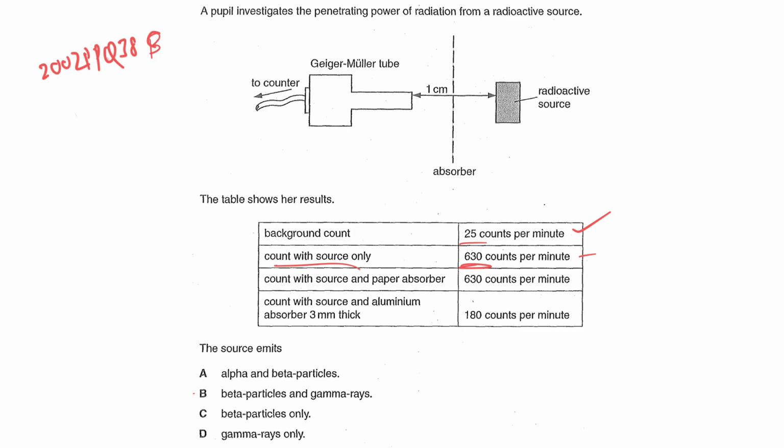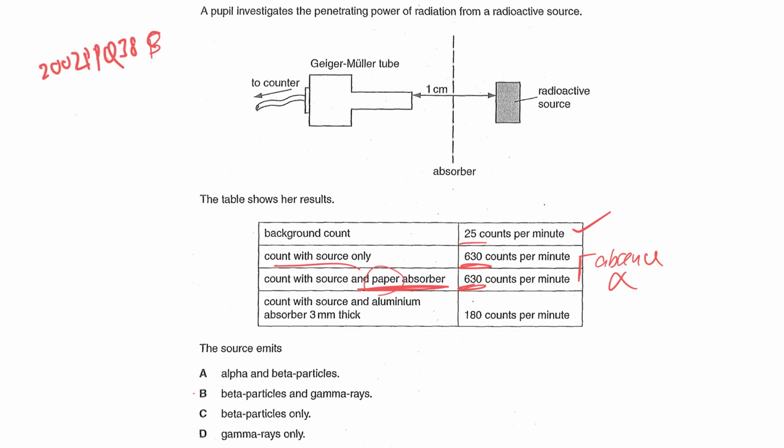And when you put a paper absorber in between the source and the detector, the count rate remains the same. Remember, alpha particles will be absorbed by the paper. Since there's no drop in the count per minute, that means to say there's an absence of alpha particles.